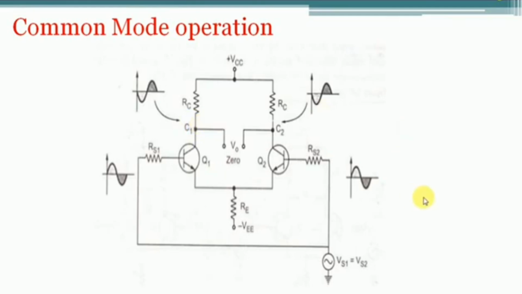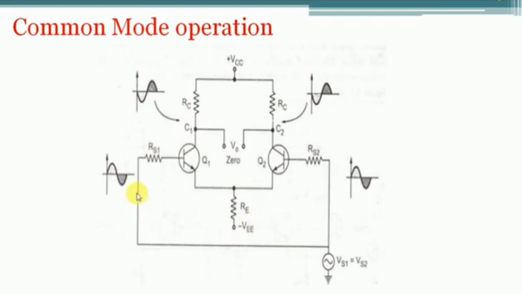Now, you can observe that the bases of transistor Q1 and transistor Q2 receive a positive going signal. Since at the emitter terminal these are emitter biased circuits, the same signal voltages appear across the resistor Re, which will add together.